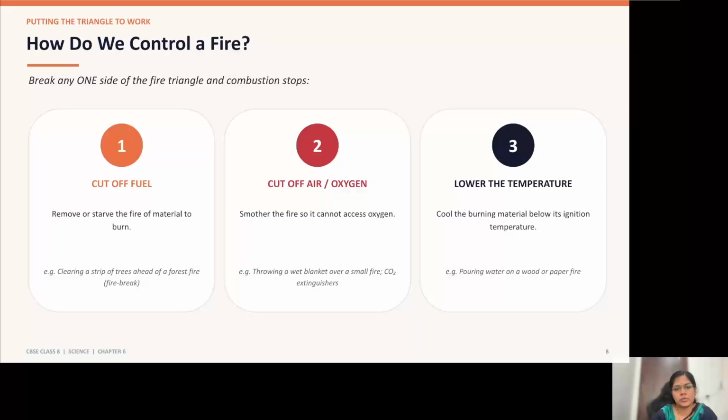You cannot use water on electric fires, and also you cannot use water on oil or petrol fires, because oil floats on water and water can splash and spread burning oil over a large area instead of putting it out. So this is the reason we cannot use the same method for every fire.